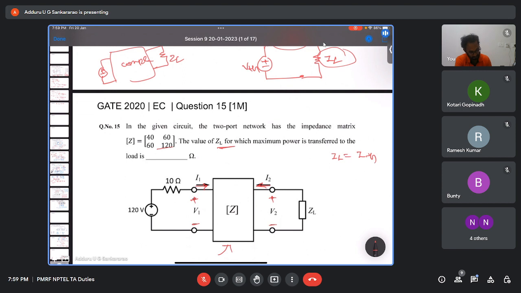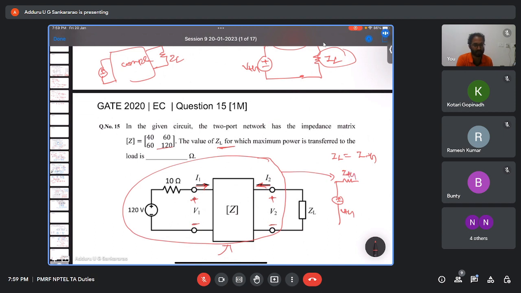That means this entire network can be represented with some Thevenin's voltage VTH and a series Thevenin's impedance ZTH, then you have ZL. So when ZL equals ZTH, only then is maximum power transferred.